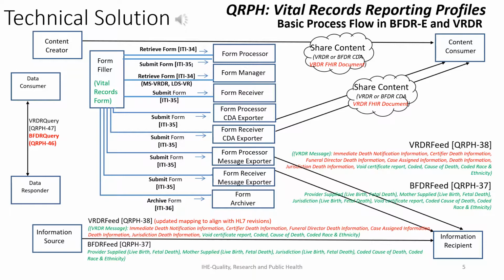Death information from the provider and the jurisdiction are also included with updated naming to distinguish the information content from new content. Within the messaging are multiple options which are designed to constrain all the information for what is needed to convey the information between provider and jurisdiction to the national entity, as well as coded cause of death and coded race and ethnicity returned from the national entity to the local jurisdiction.